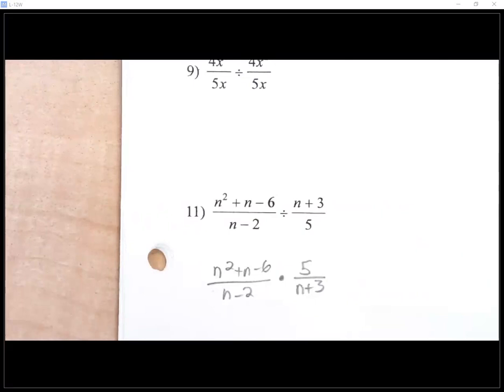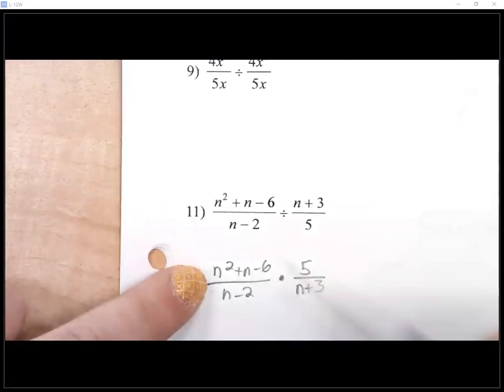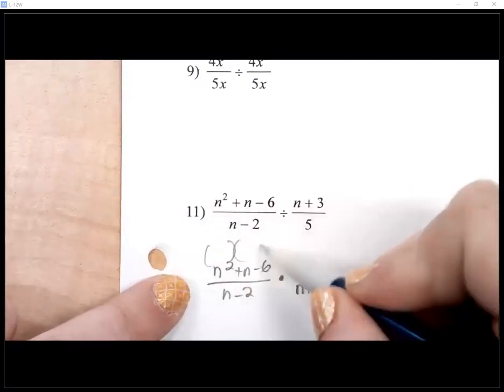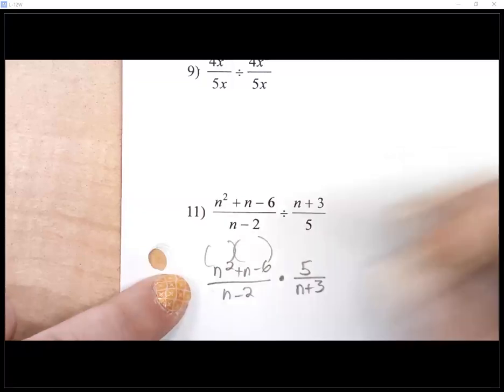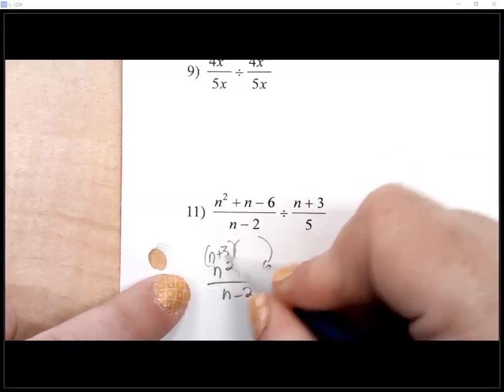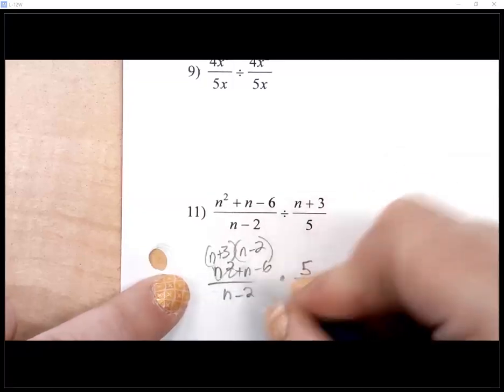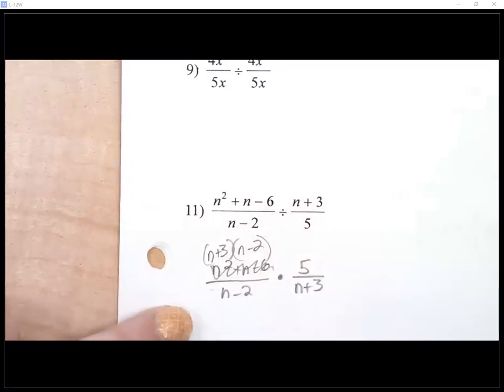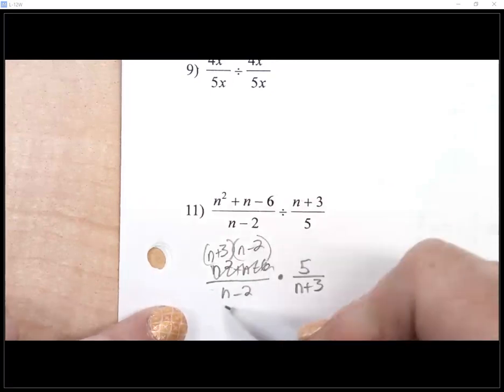Now what do I do? Now I factor everybody. Factors of -6, they have to be a +1. A +3 and a -2. Yep, so that one's done. Nobody else factors. Can I cancel anything? The n-2s, because it's the whole thing that matches an n-2 with a whole n-2.